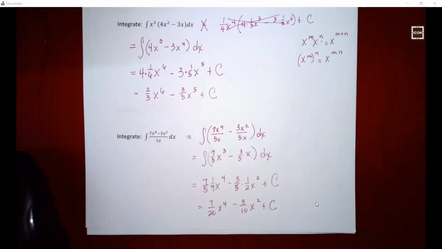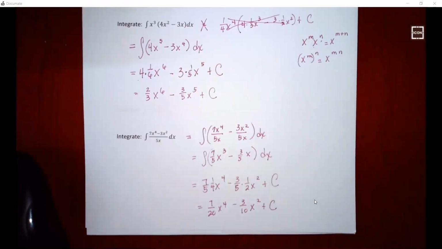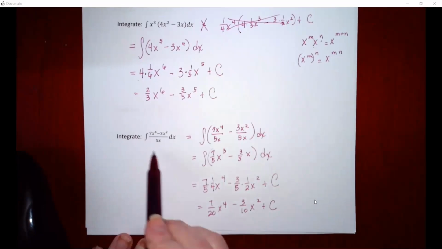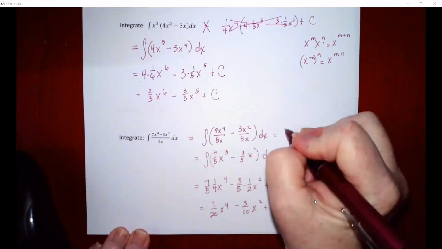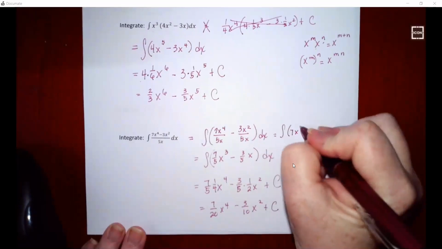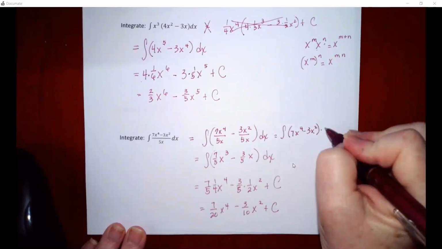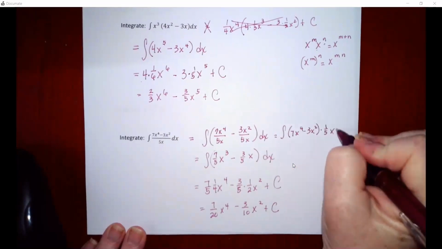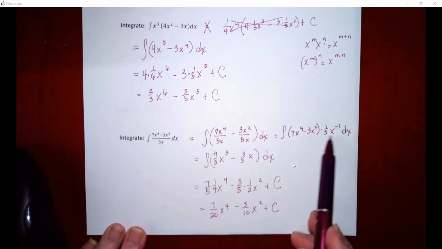All right. There is another option, and it just depends on what you prefer. There's not one correct way to rewrite this function. You could have said that's the integral of 7x to the 4th minus 3x squared times 1/5 x to the negative 1, and then just distribute that.